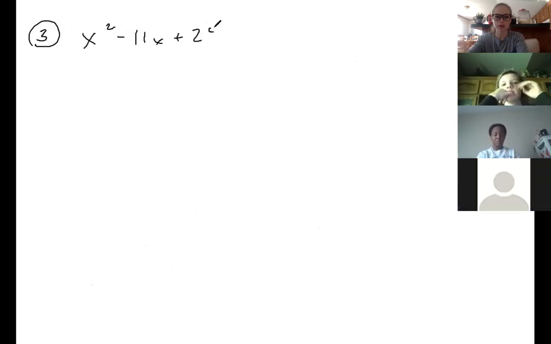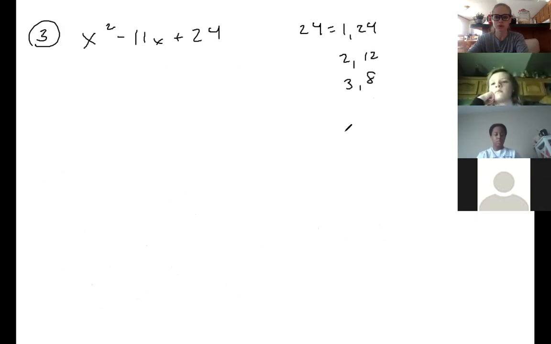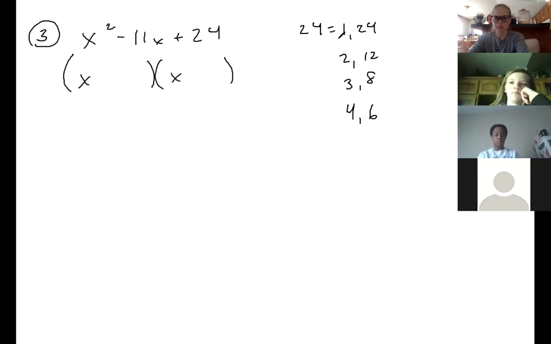All right, number 3, this one, you didn't have to factor anything out, so you had to list out your factors of 24: 1 and 24, 2 and 12, 3 and 8, 4 and 6. So which set of factors are we going to use? Well, let's see here.